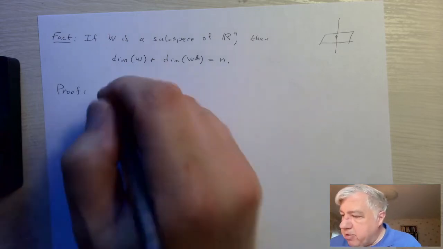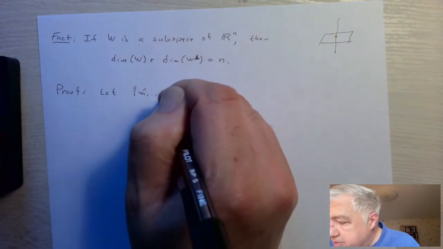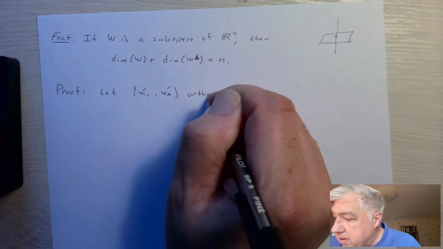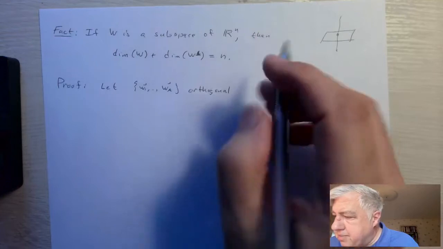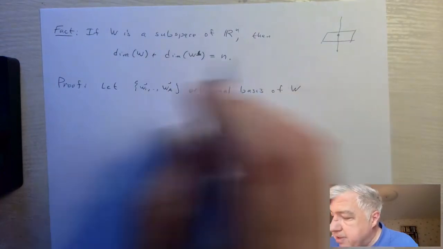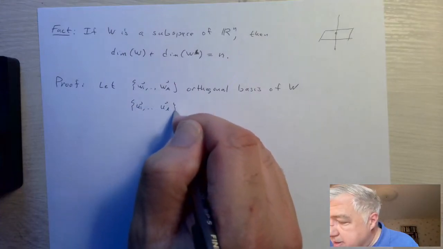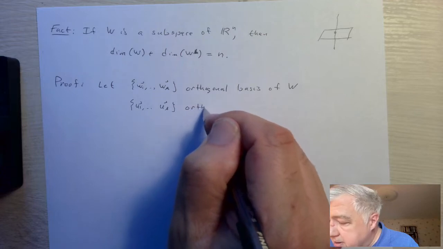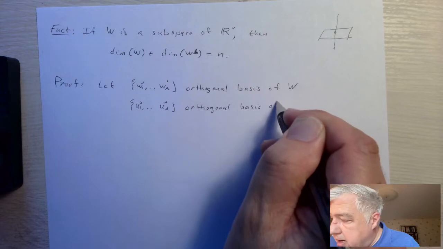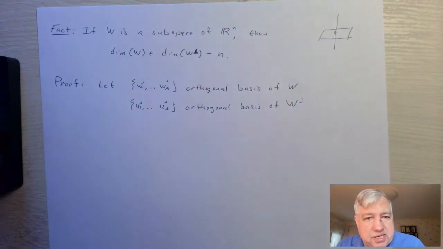So we're going to let W1 through WK be an orthogonal basis of W, and we're going to let U1 through UL be an orthogonal basis of W perp, because W perp is a subspace, and so it'll have an orthogonal basis as well.